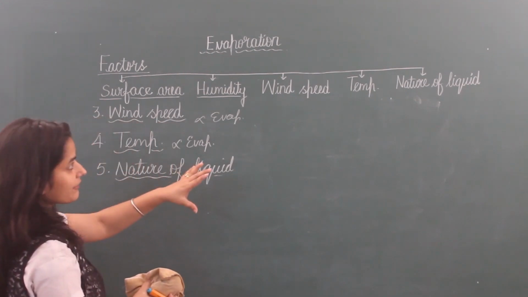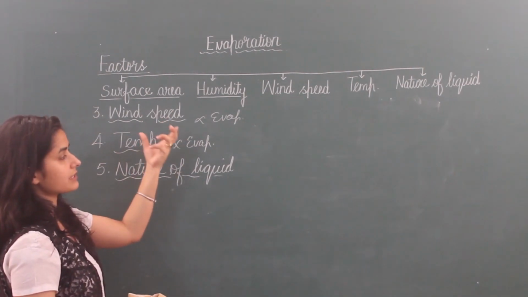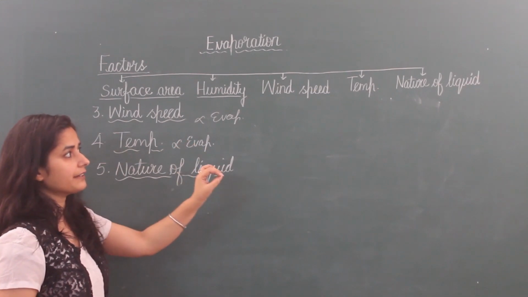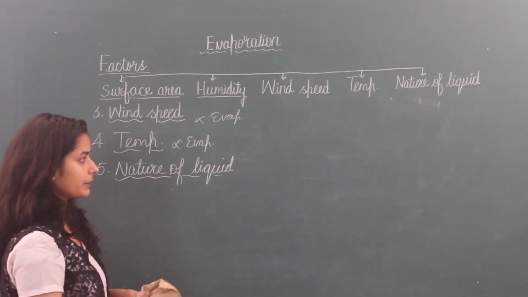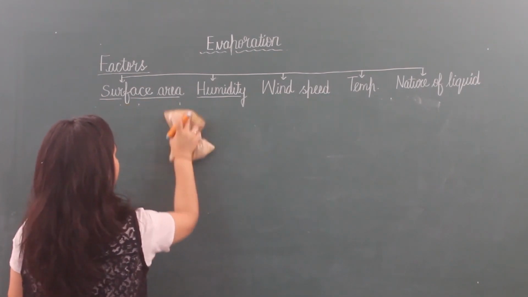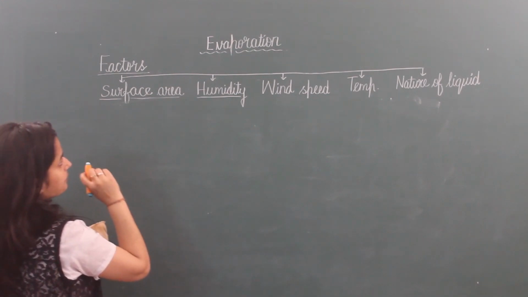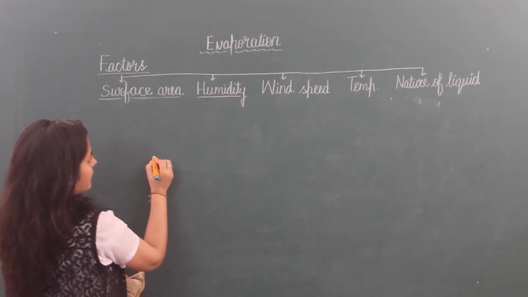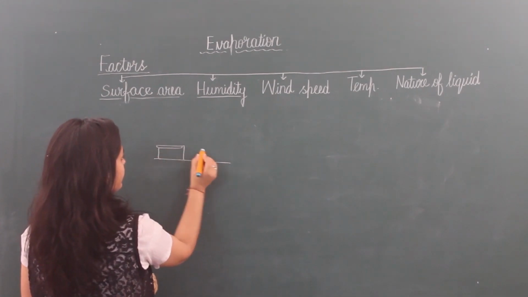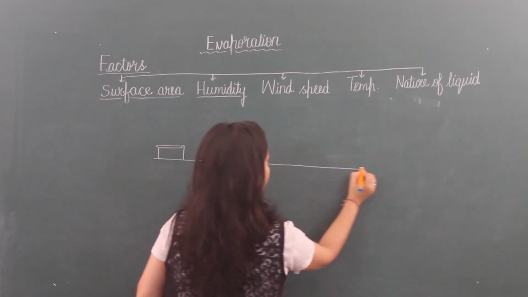Now we have all the factors. It can be that two factors are the same, three factors are the same, but one factor will be different, then evaporation rate will be different. See, these are containers I am taking here.